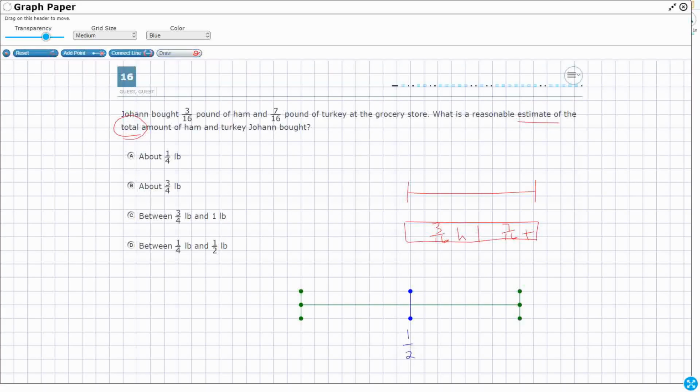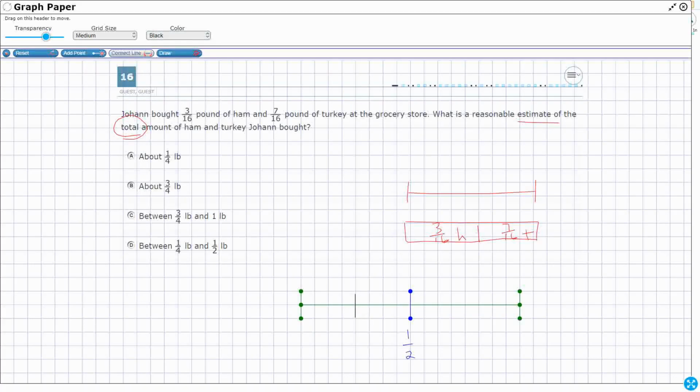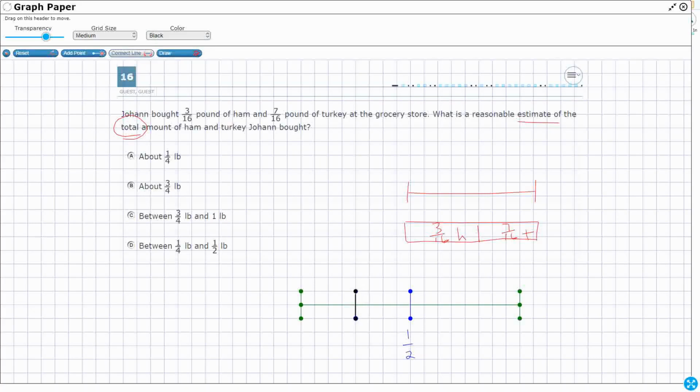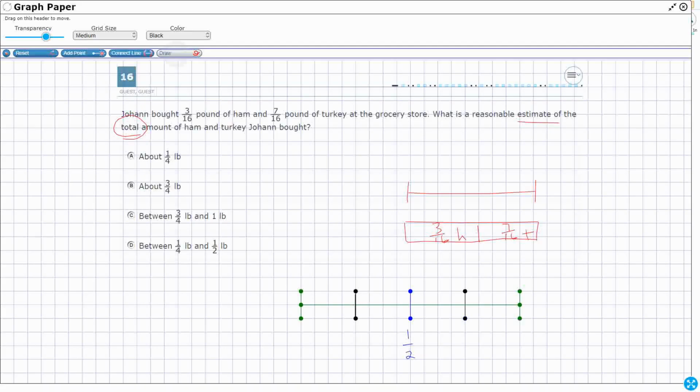Now what I should know is that if I cut my halves in half, I'm going to get fourths. So let's cut our halves in half. Let's get a connect line right there. There we go, that's a little bit better. Now here are the things with halves, right? If you take them in half, you cut them in fourths, so that's 1/4.